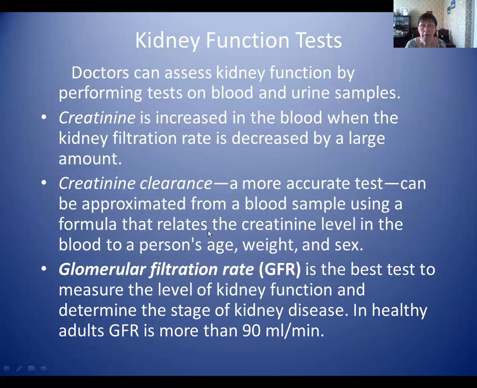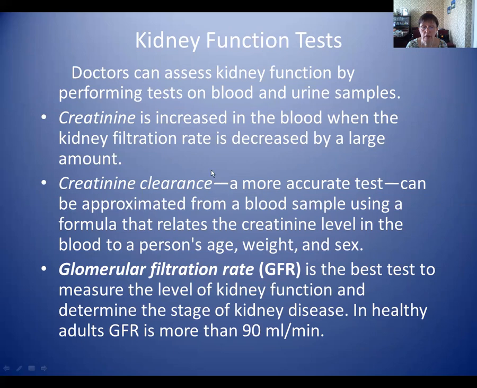To check the function of the kidney, we can also check in blood some substances. First of all, it is creatinine. Creatinine is increased in the blood when the kidney filtration rate is decreased by a large amount.